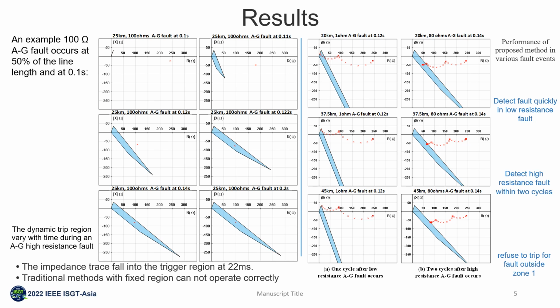The proposed method can detect faults in the protection interval within 2 circles, where the traditional method cannot detect the fault correctly. For the final 2 out-of-zone cases, the trace of the apparent impedance does not fall into the trip region and will be taken care of by the Zone 2 relay. These cases show the excellent selectivity of the proposed method. To sum up, the proposed method can detect faults with different fault resistances, which improves the reliability compared to the traditional distance relay.